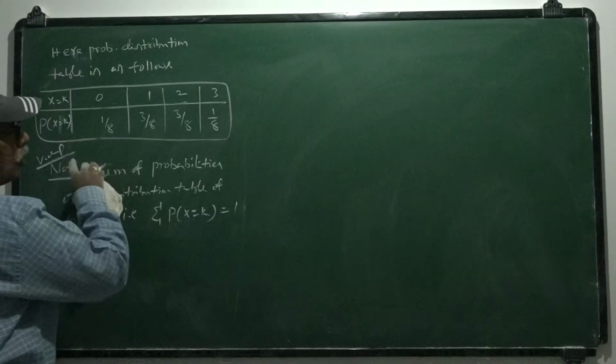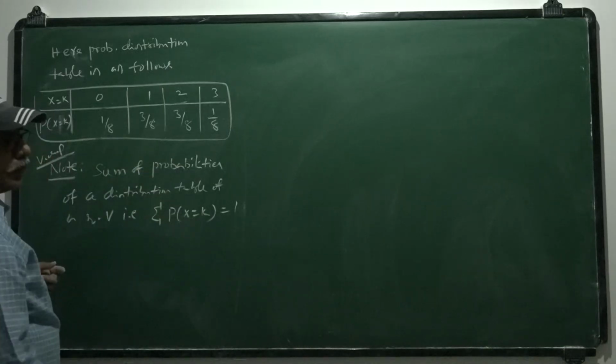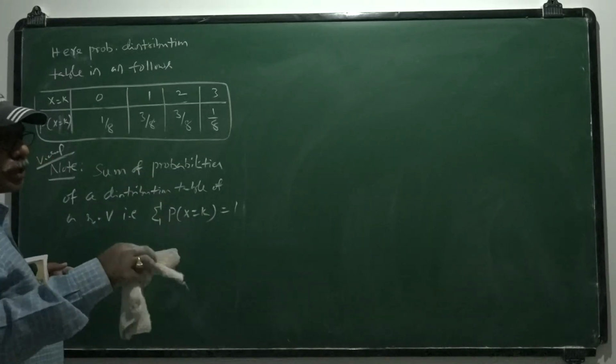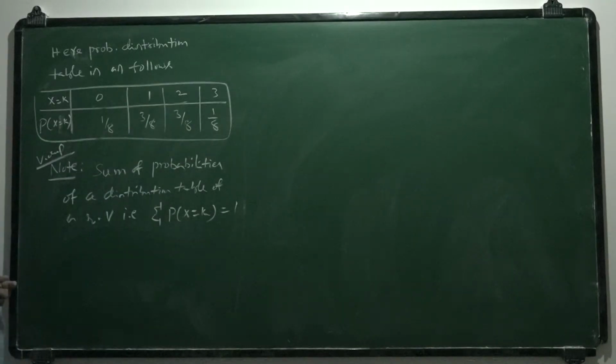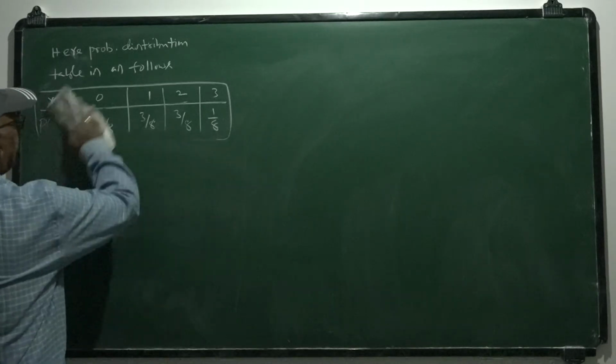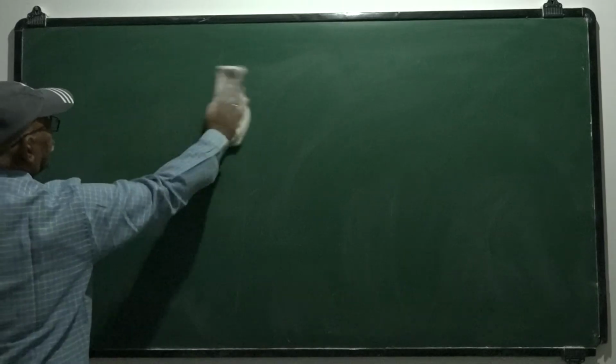The table is called a probability distribution table. How the probabilities are distributed for different values of x is shown by the table, hence it is called the probability distribution table. The sum of probabilities in the probability distribution is always equal to 1.